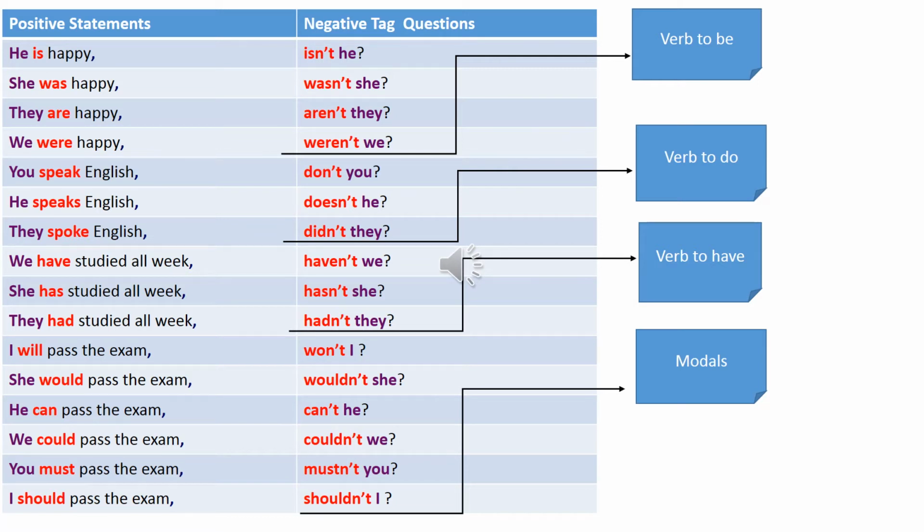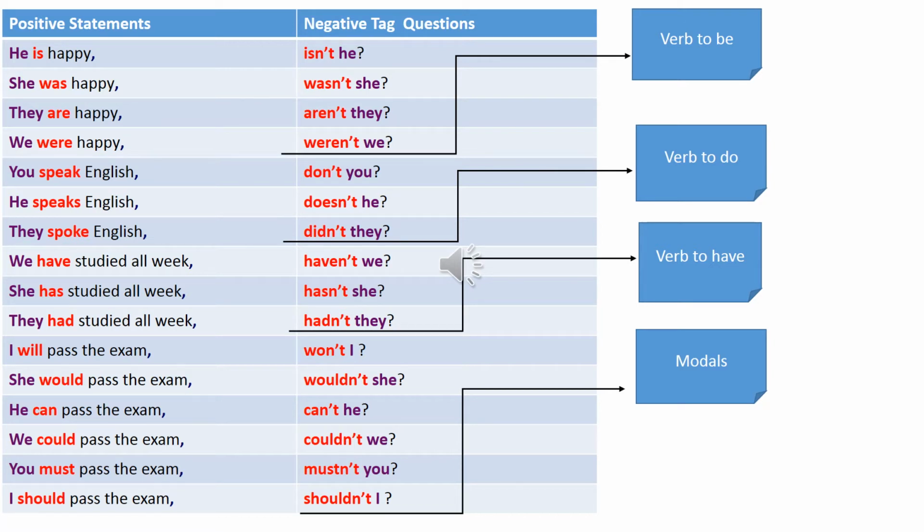He is not happy, is he? But here we have a positive statement. He is happy, the question tag is isn't he. The subject pronoun he in the question tag comes after the auxiliary isn't.